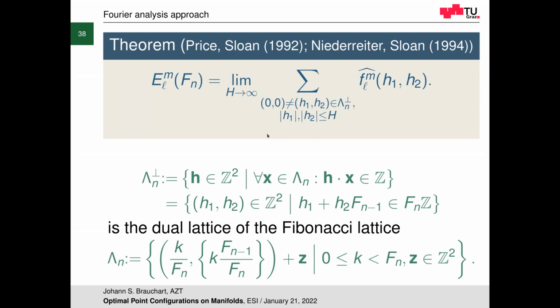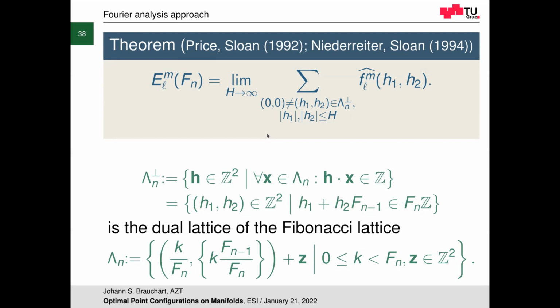They say that the error you make here is a limit of sums of the Fourier coefficients over the dual lattice to the Fibonacci lattice. The function FLM is precisely of the class of functions considered in this paper, so we can apply this result to our case as well.